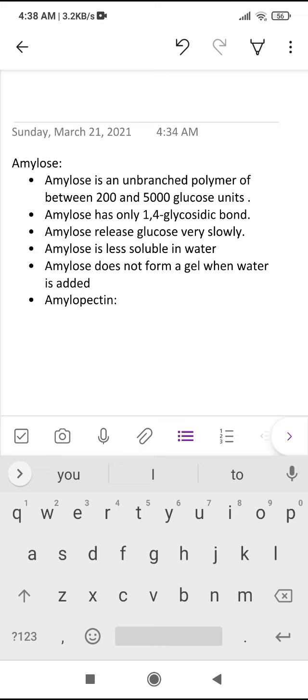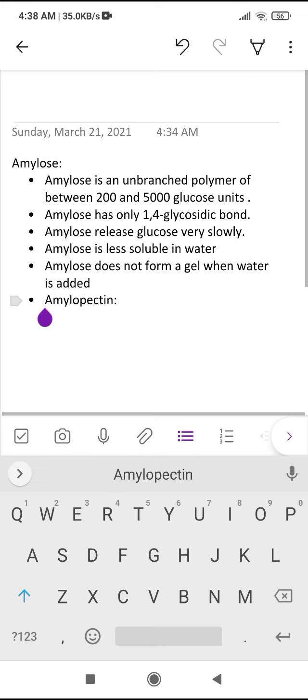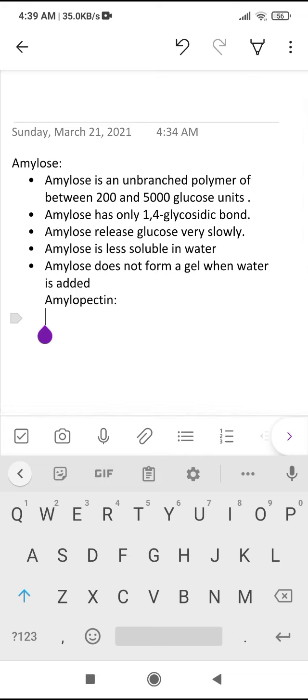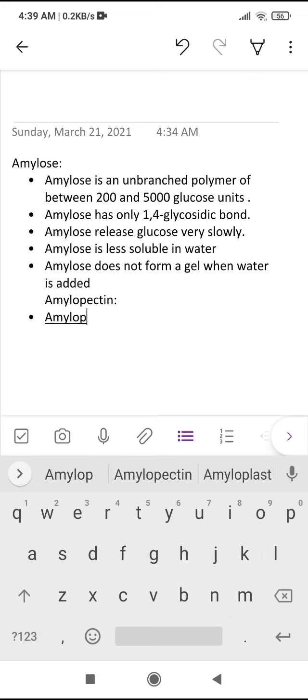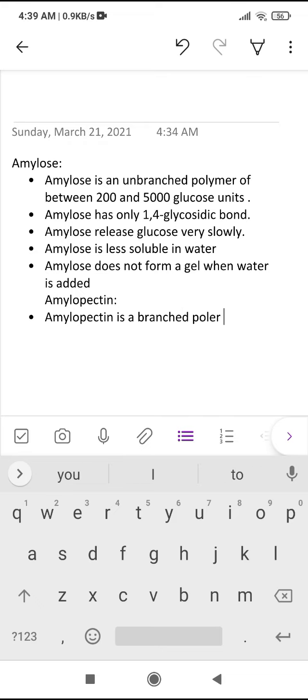So first point, amylopectin is a branched polymer of glucose units. So basically, amylopectin is a branched polymer of glucose units.